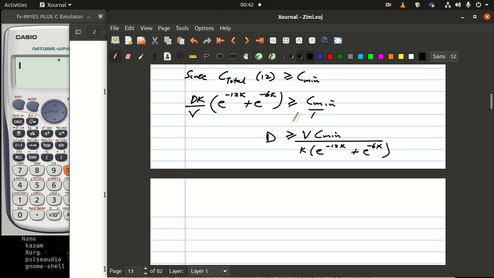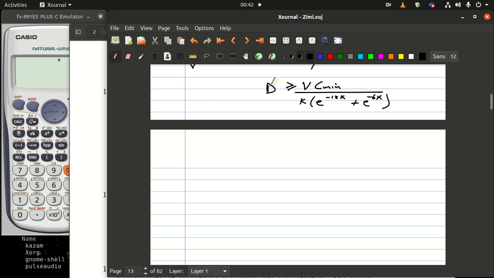Since D must be at least that, therefore I want my D to be equal to V C min all over k times e raised to minus 12k plus e raised to minus 6k. So remember that we want to minimize the total dose that is actually being affected here.